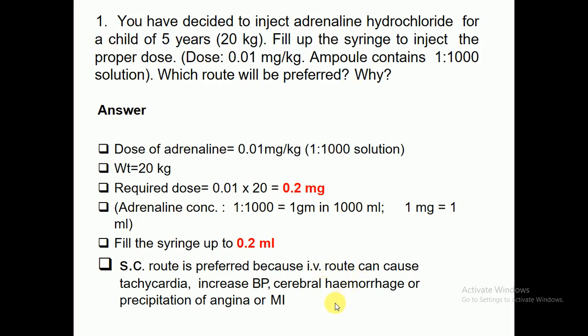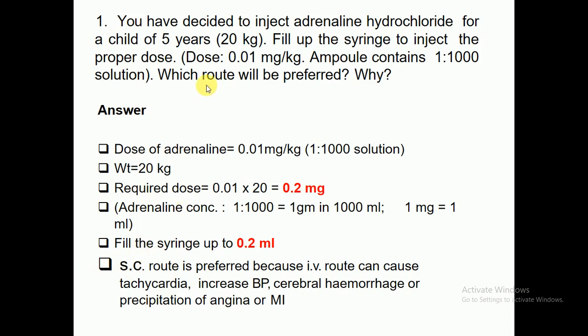Because if this drug is administered by IV route, it will cause tachycardia, it will raise your blood pressure, and there may be chances of cerebral hemorrhage or precipitation of angina or myocardial infarction. So cerebral hemorrhage may occur. So that's why we prefer the subcutaneous route.